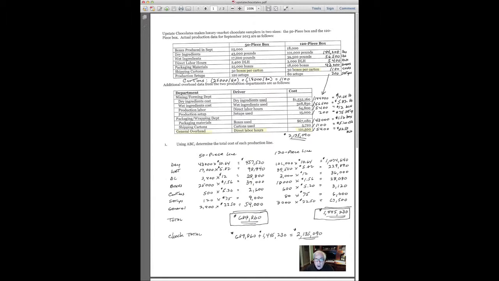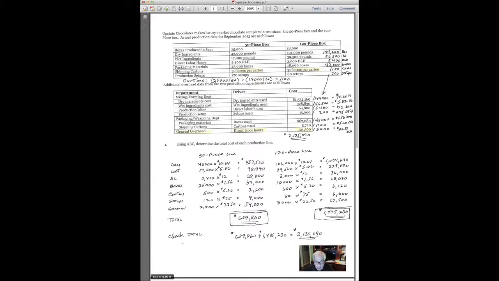Then we're going to take all of the actual usage multiplied by the rate. Get the totals, add them up. That's the cost of that production line. Take all of your actual activity, multiply by the same rates, and add them up.